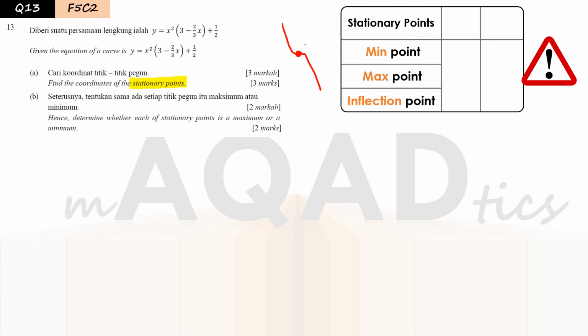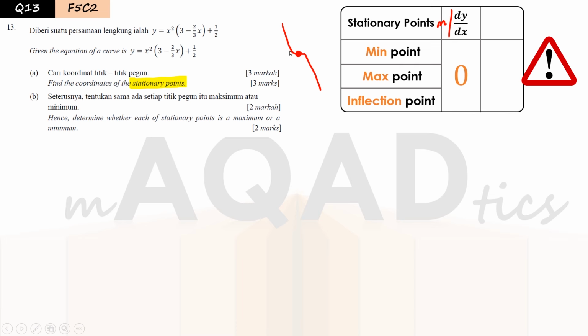But you may ask, how do I identify that this point is an inflection point? We need to look at the similarity of these 3 points, which is dy over dx is equal to 0, meaning the gradient of the tangent, which is m, must be 0.